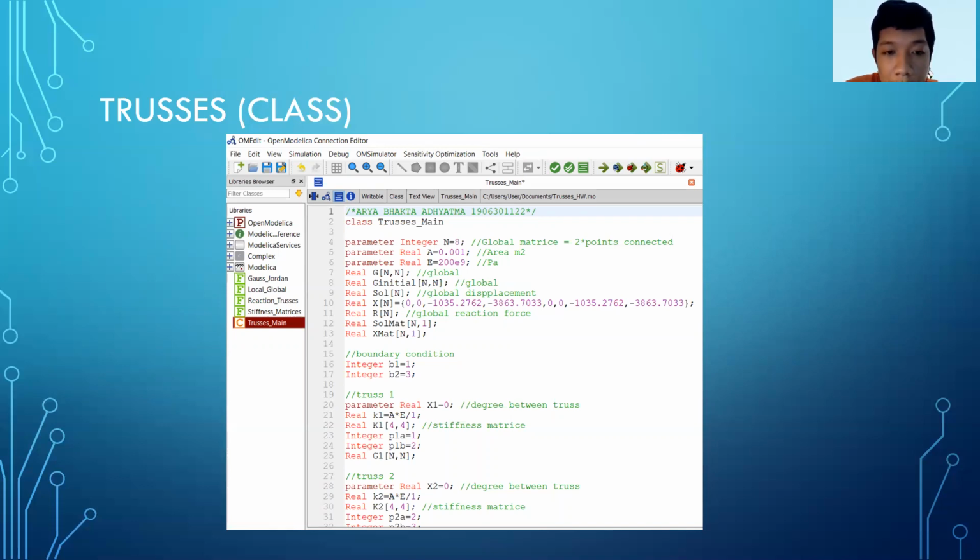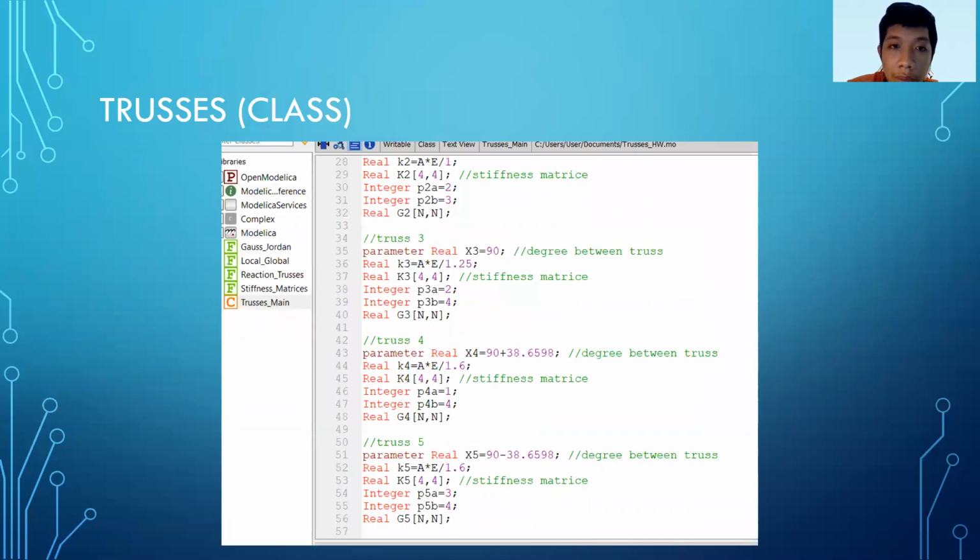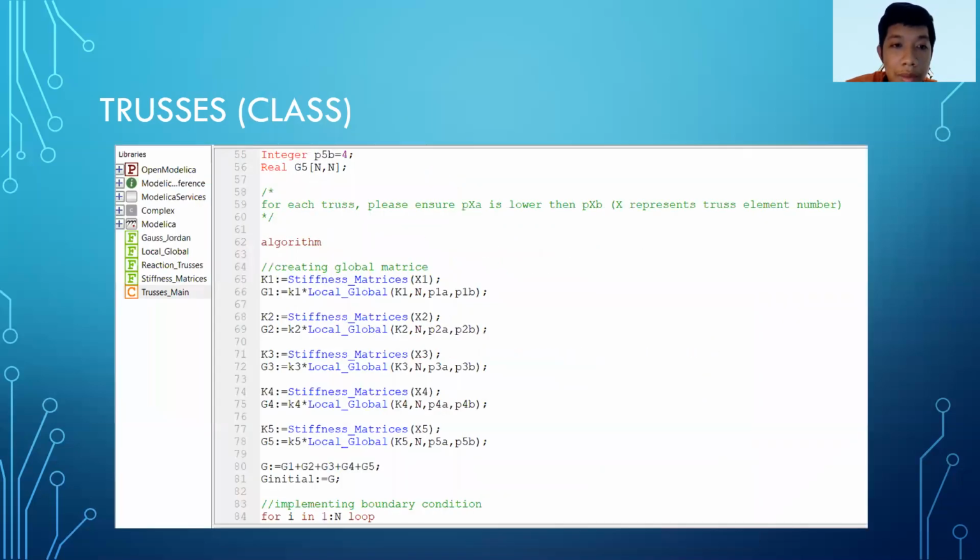We use the same steps for trusses 2, 3, 4, and 5, with variations in the degrees and the PA and PB locations. We can get the result. This is for trusses 3, 4, and 5.